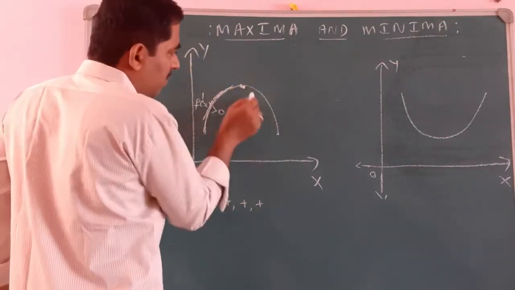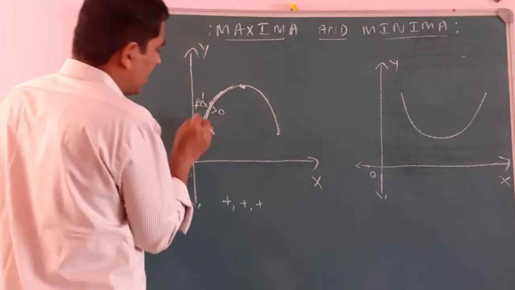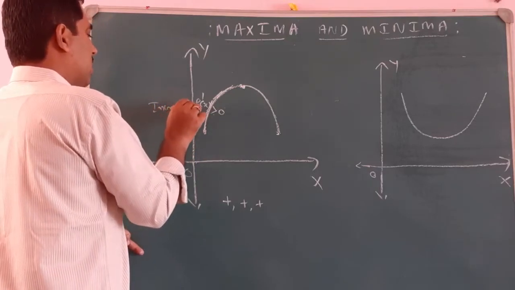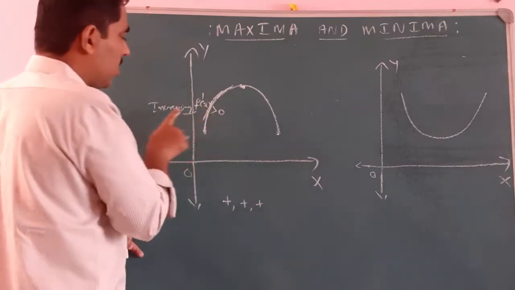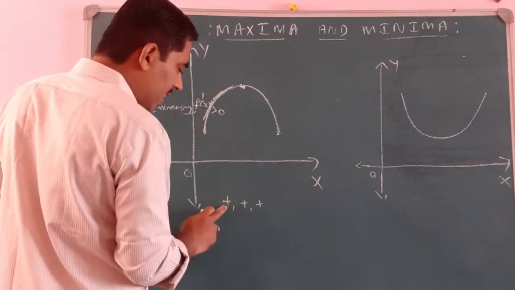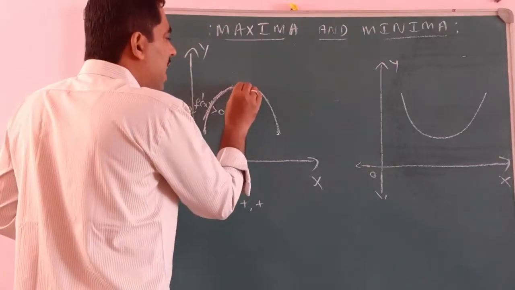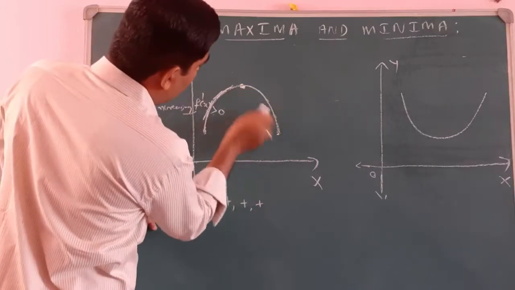After passing this point, see the shape of the curve, it is decreasing. We know it is increasing here because the sign of the derivative is greater than 0. f dash x greater than 0 means it is increasing, so we denote it as positive, positive.